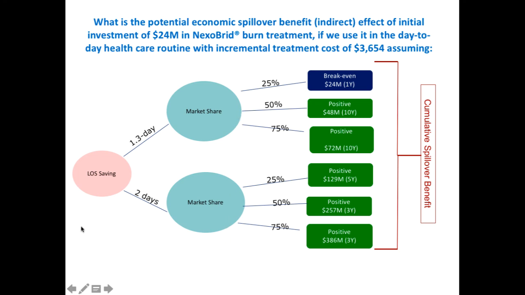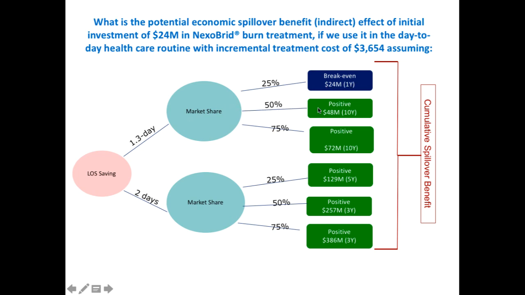So we wanted to know what the length of stay saving is with NexoBrid. If NexoBrid saves 1.3 days of length of stay compared to the standard of care, and if we assume that market share is 25%, then we have a break-even point of $24 million in 1 year.